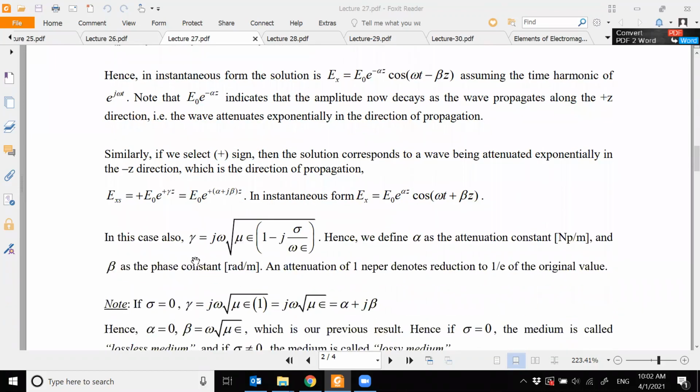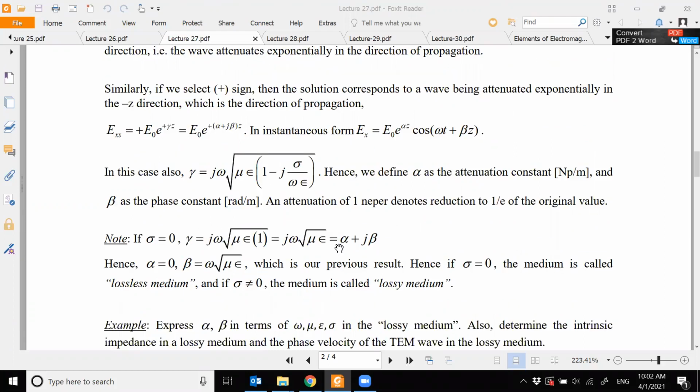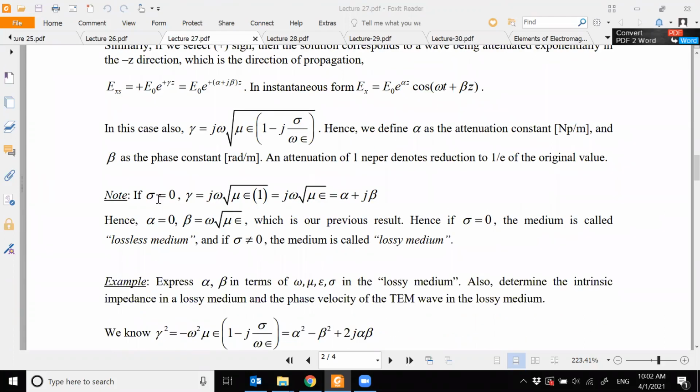And gamma is the propagation constant, made up of a real and an imaginary part. The real part is called the attenuation constant, and the imaginary part is your phase constant. And we have seen that when sigma becomes 0, we go back to our lossless medium.